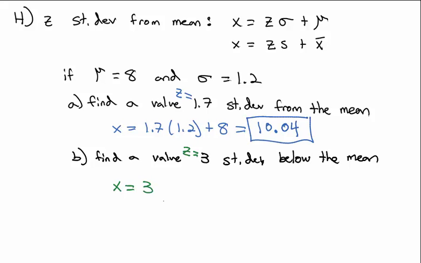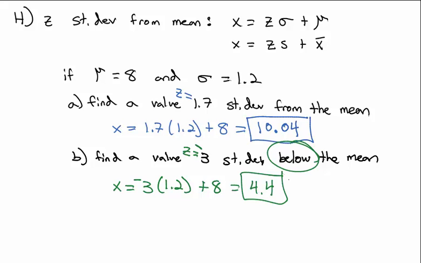So x is 3 standard deviations, which is 1.2, away from the mean. Now the catch is, here we've got the word below. When we are below the mean, the z-score has to be negative. That gets us 3 standard deviations, or 3 steps below the mean by subtracting, a negative z-score. So here we have negative 3 times 1.2 plus 8. And that's going to give us 4.4.